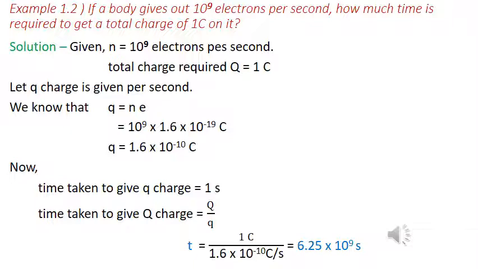From here we can get T is equal to 6.25 into 10 to the power 9 second. Therefore, we can say that the time required to get a total charge of 1 coulomb on the body is 6.25 into 10 to the power 9 second. You also calculate this value in years.